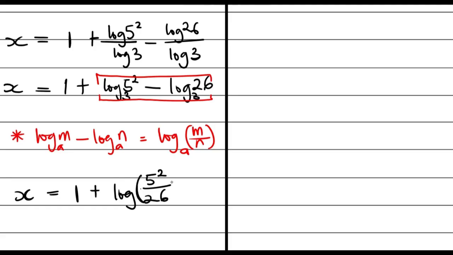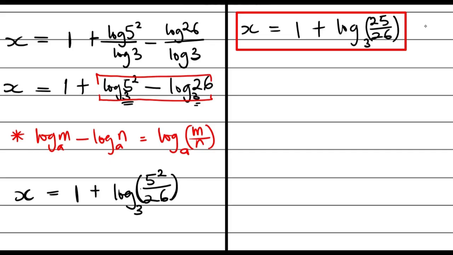Put this in parentheses and don't forget the same base, that is base 3. This 5 square is just 25, so I can write x equals 1 plus log of 25 over 26 to base 3. Actually, this is the final answer and the value for my x.